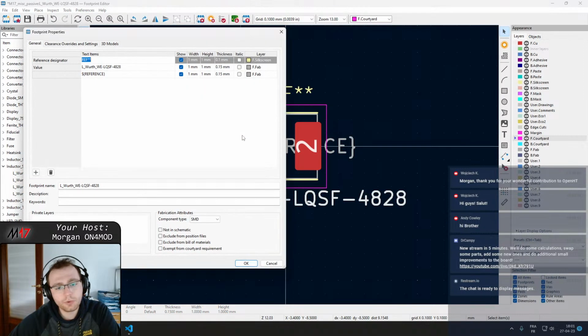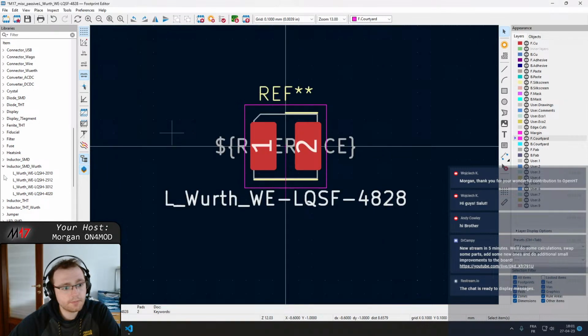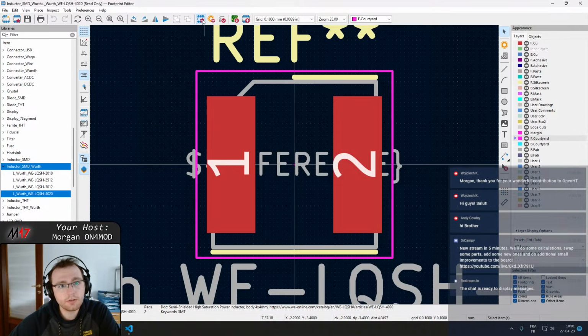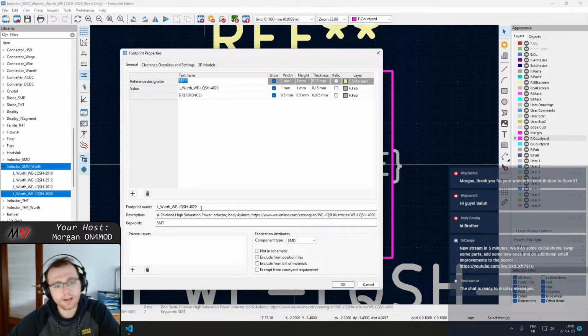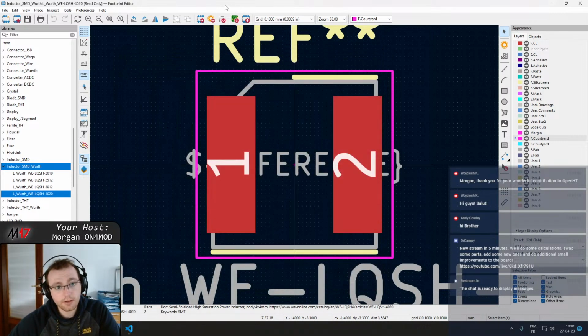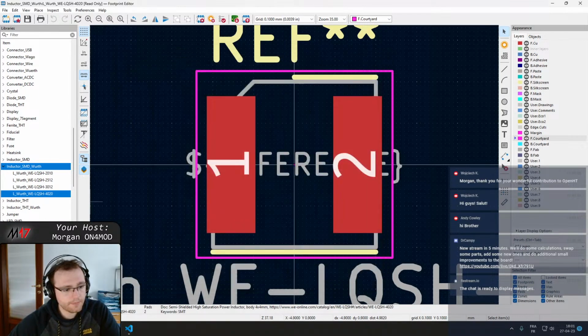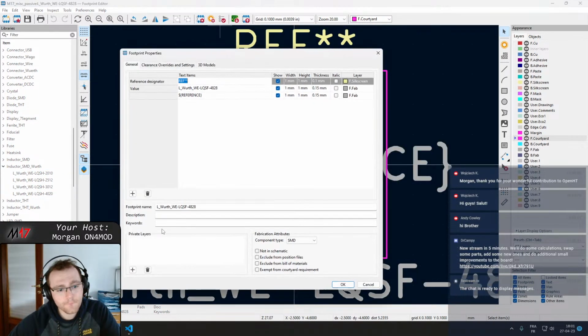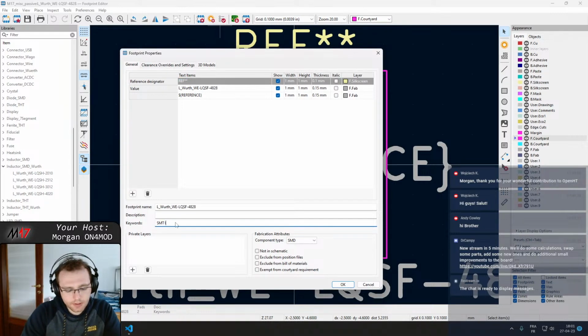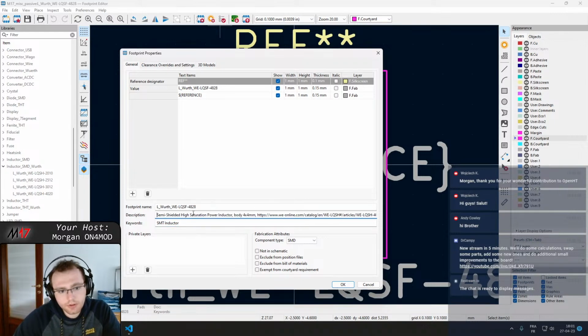Also, footprint properties. If we have a look right here, we can see that, especially in the name, I'm gonna follow them on that one. Keyword SMT inductor. Description: okay, so it's a shielded power inductor. Or maybe, what does the datasheet say about it?